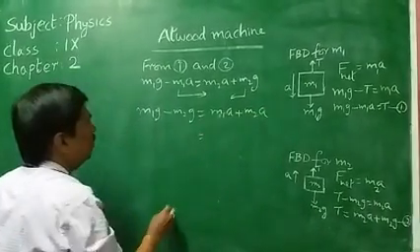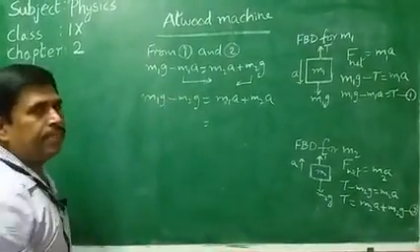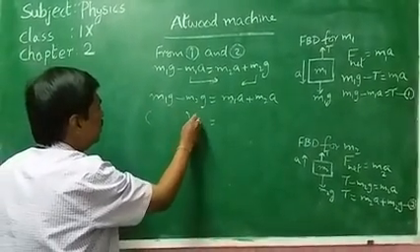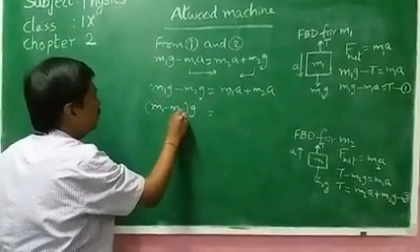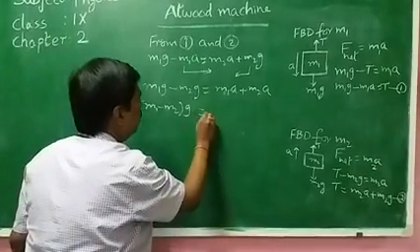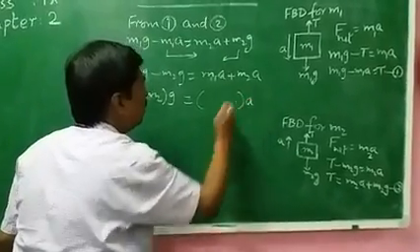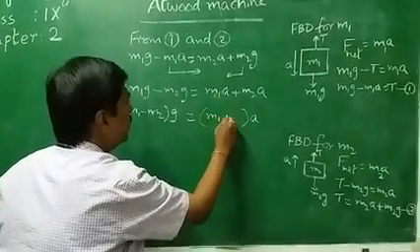In this, you can observe the acceleration due to gravity g, which is a constant here. If you take the constant term g outside, inside you get M1 minus M2. Here the acceleration a is common. If you take it outside, you will get M1 plus M2.